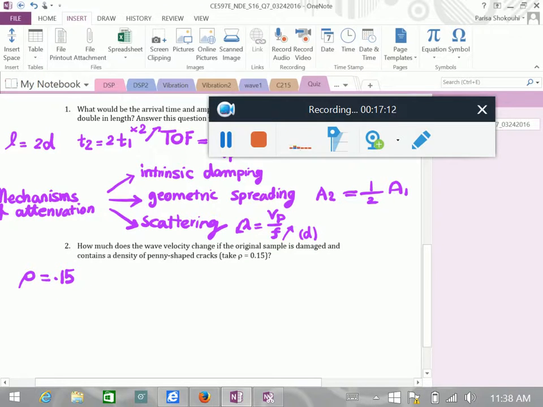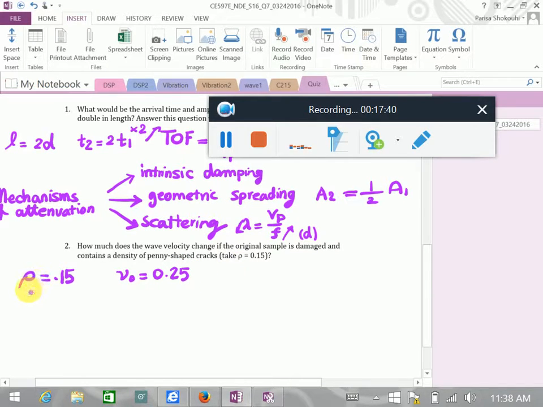We need to assume some value for Poisson's ratio for concrete. What would be a good value? 0.19. Let's say 0.2 or 0.25 would be a nice number. Let's go with 0.25.